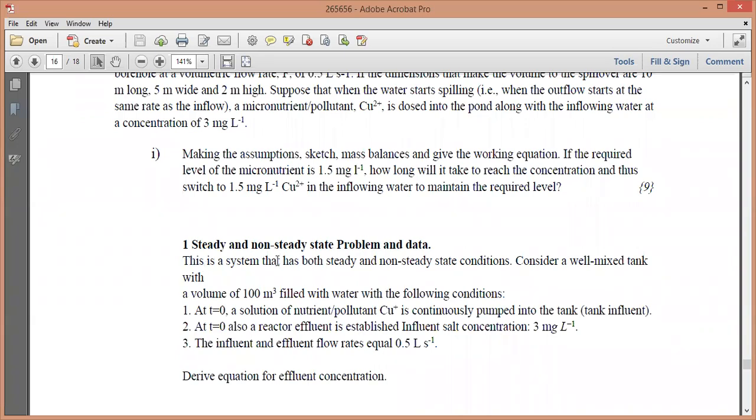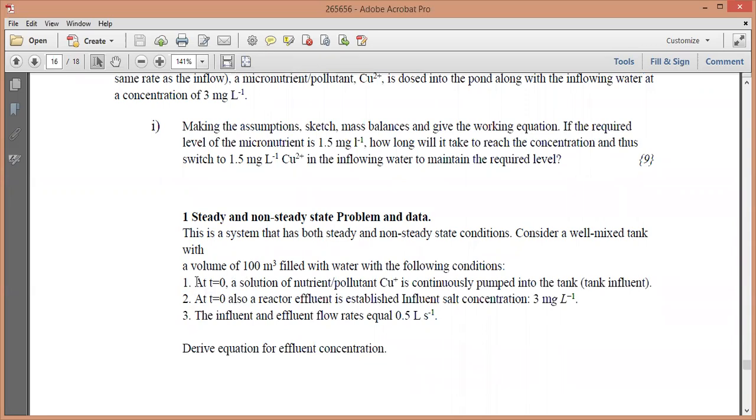Okay, so this is a system that has both steady and unsteady state conditions. Consider a well-mixed tank. So at T equal to 0, a solution of copper is continuously pumped into the tank as tank influent. And at T equal to 0 also, because the pond is full, there's also going to be an effluent.